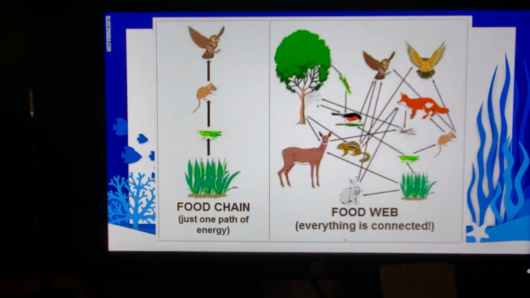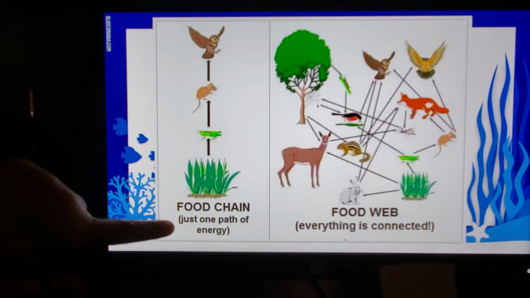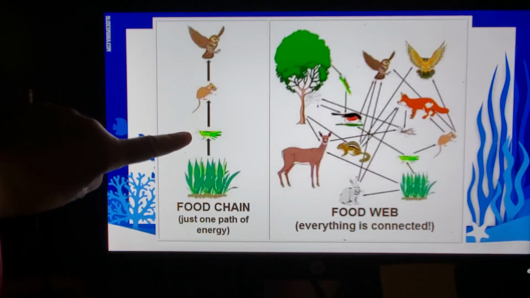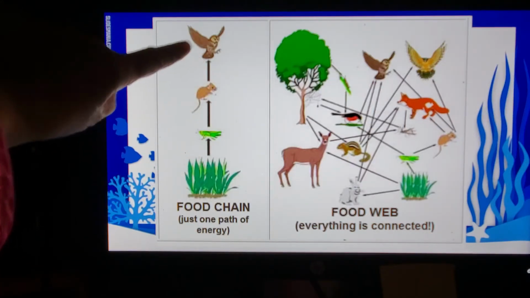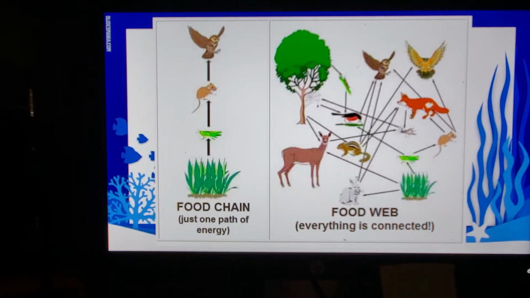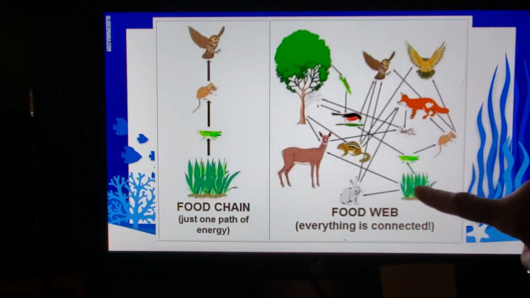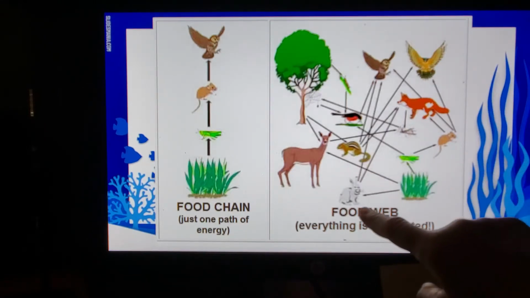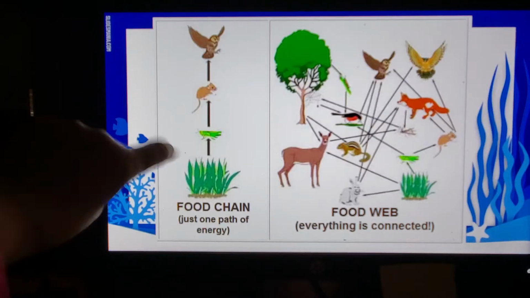So here's a graphic that's a great example. It shows you a food chain, and it's only one path. It only goes from the producer to the primary consumer, secondary consumer, and tertiary consumer. And the reality is that this producer is the source of energy for many different organisms, not just the grasshopper here.